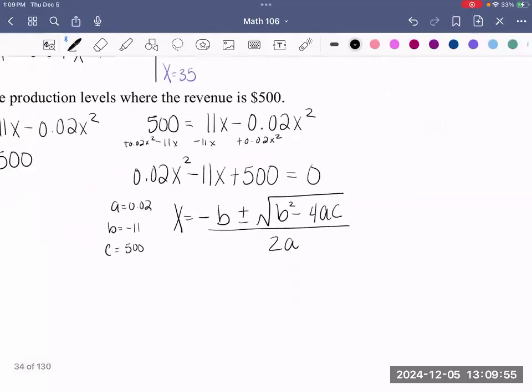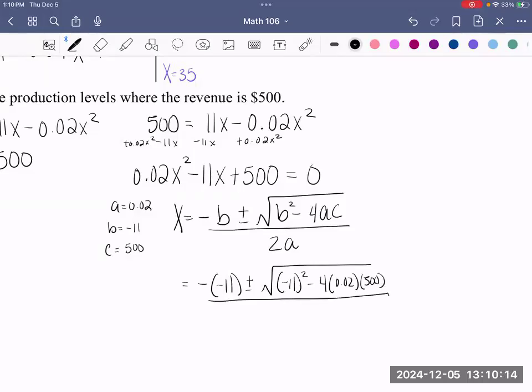So we can go ahead and work that into the equation. We have a double negative for B. When we work it in, we're still going to be using parentheses because, as we've talked about, that makes a big difference. We do have calculators at hand in our classroom.